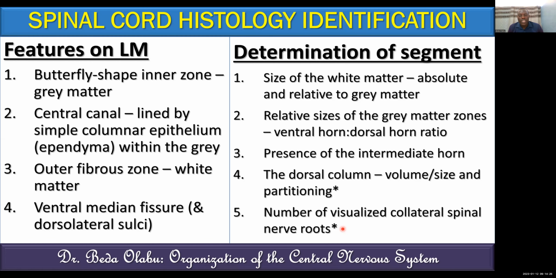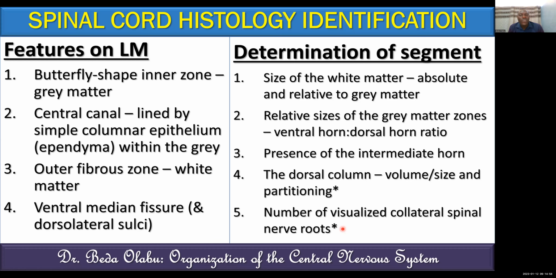If you take sections of the lower part of the spinal cord, it is possible to see several nerve roots on the outside because they are taking a vertical orientation. And so when you see several nerve roots on the outside, collaterals, it simply means that we are around or very near the cauda equina.